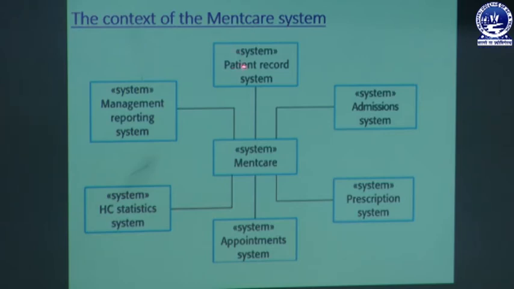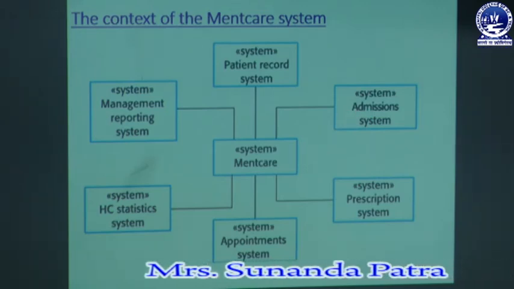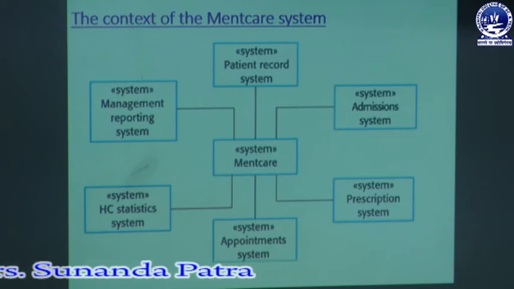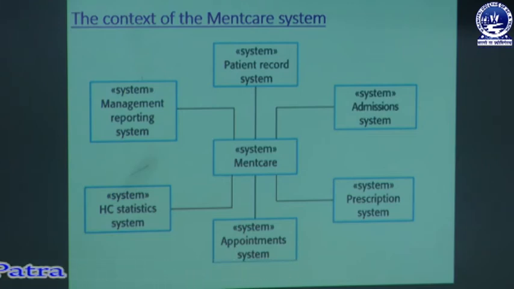In that patient record system, we are going to keep all the records of patients who have visited Mentcare. Then we have an admission system. In this admission system, if any patient is required to be admitted into the hospital, or how many beds are available, how many beds are already reserved by some patients, those details can be stored in the admission system.